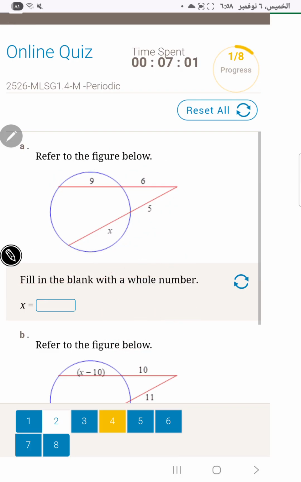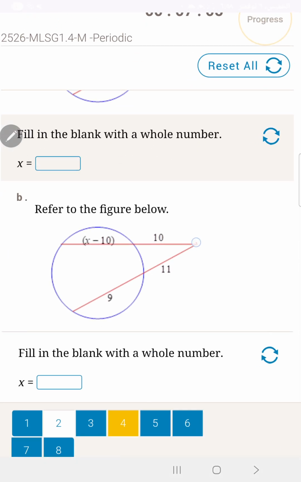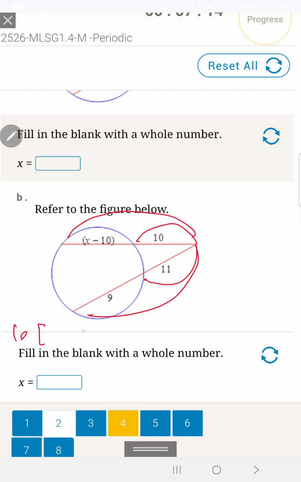For part B now, we do exactly the same thing. External part times whole secant equal external part times whole secant. External part is 10 times whole secant. If you add x minus 10 plus x, minus 10 is cancelled with 10. So whole secant will be x.